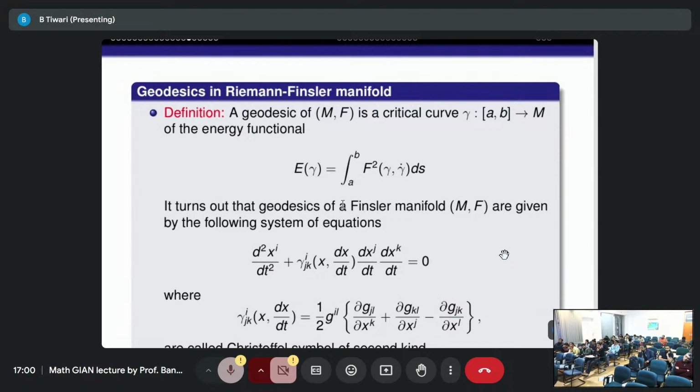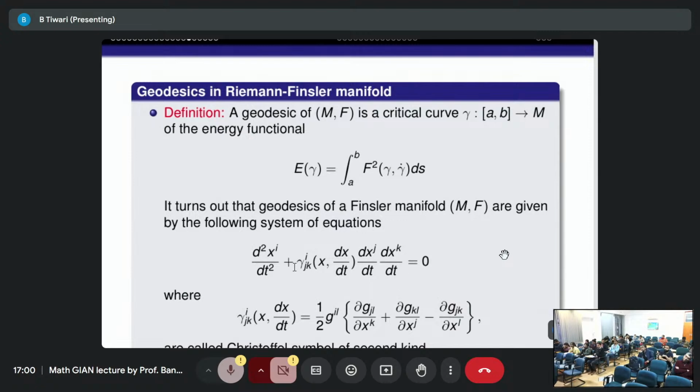So the geodesics are defined as the critical curves for the energy functional. It means they are also critical curves for the length functional, that is, you can talk about minimizing length, and they should have constant speed. Now in local computation, the geodesics are given by a system of second order differential equations, exactly the same as you know in Riemannian geometry.